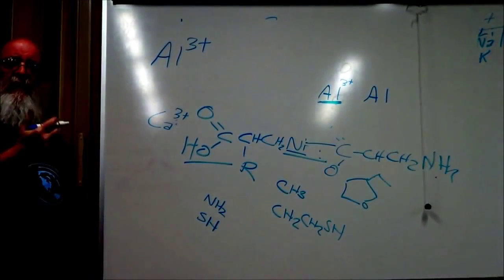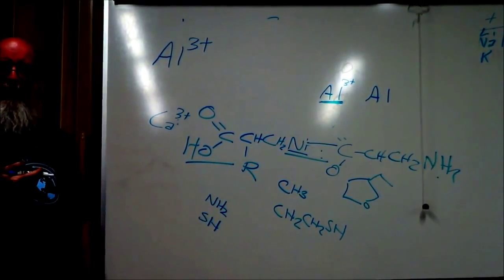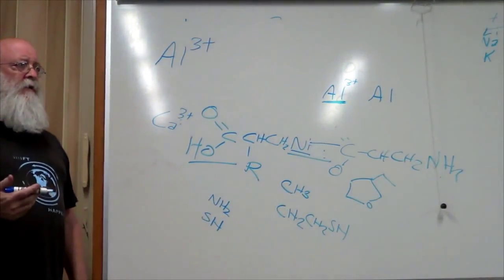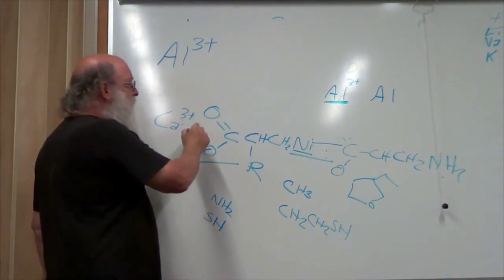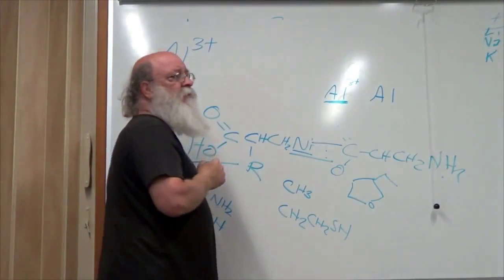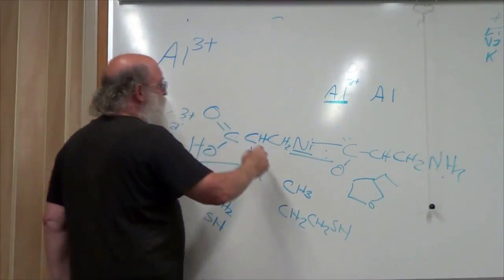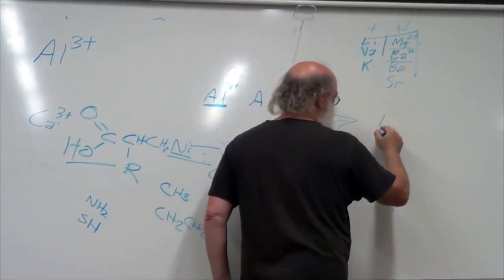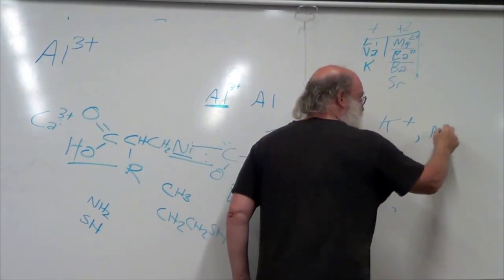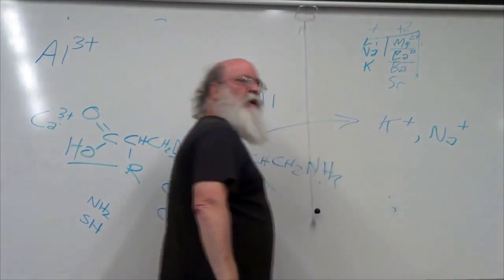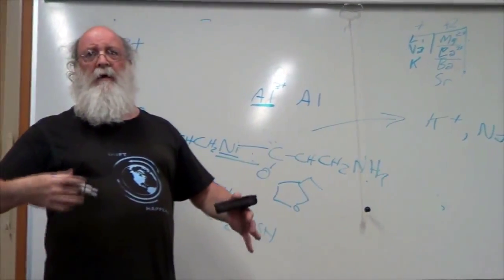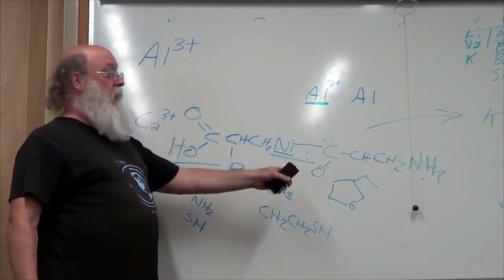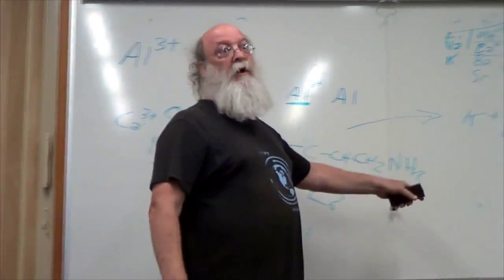And when it brings that 3 plus charge, well, everything in chemistry has to be charge balanced. And so not only does it substitute straight in for the magnesium or calcium, but somewhere else on the molecule, it kicks out either a potassium or a sodium, something that has 1 plus charge, but isn't needed because 3 plus and 0 is equal to 2 plus and 1.